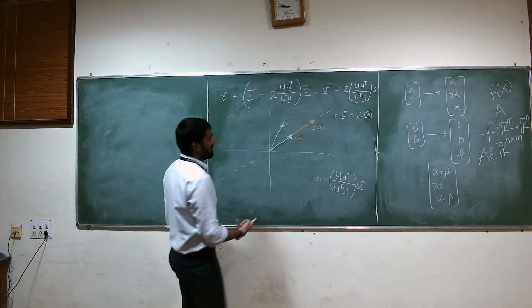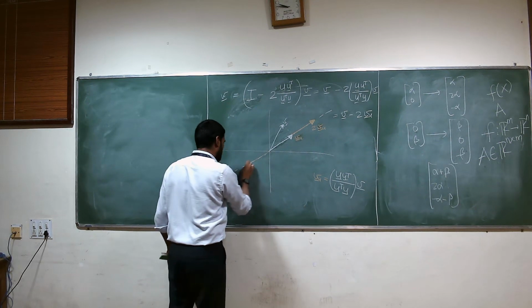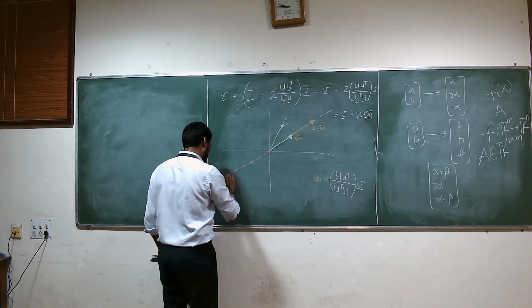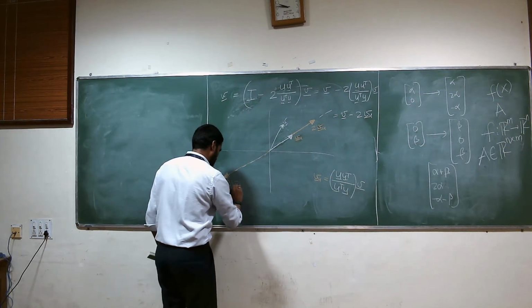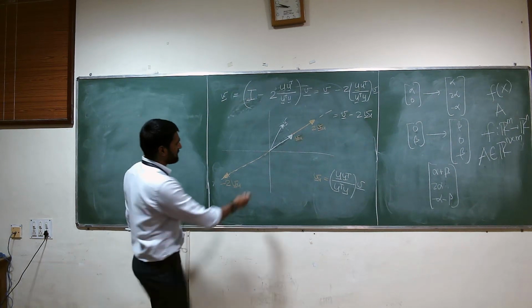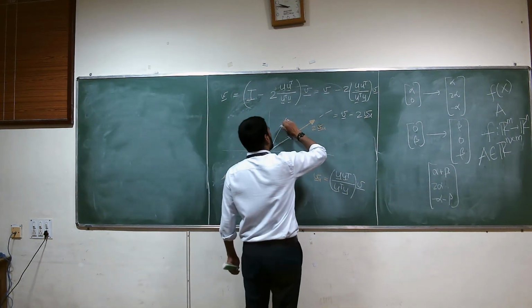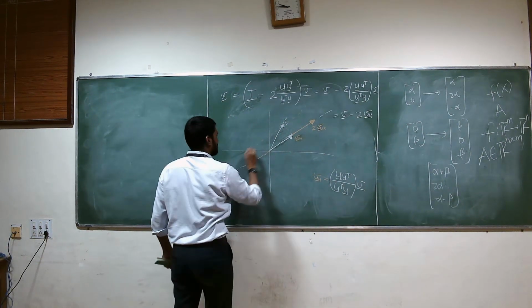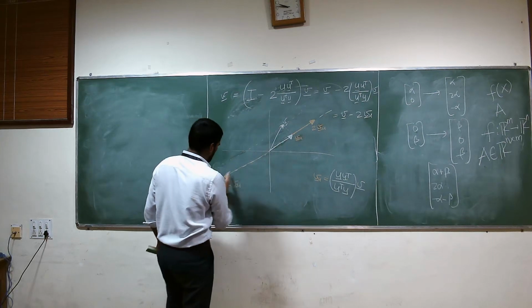Okay, you flip this. That'll be here. This is minus 2 times vu. Now what? Okay, we add. And then this line.